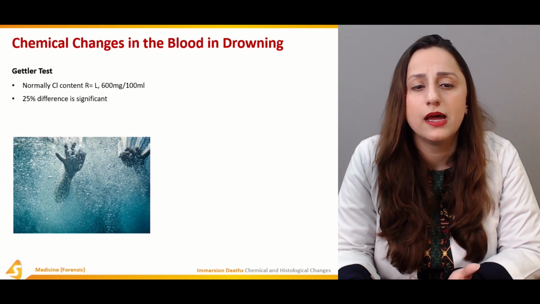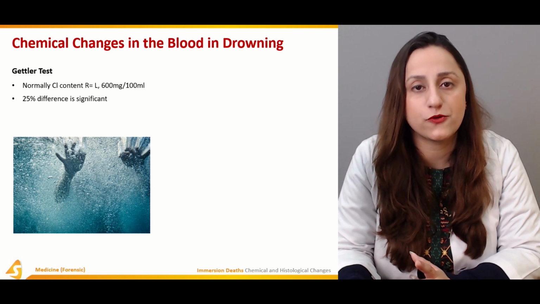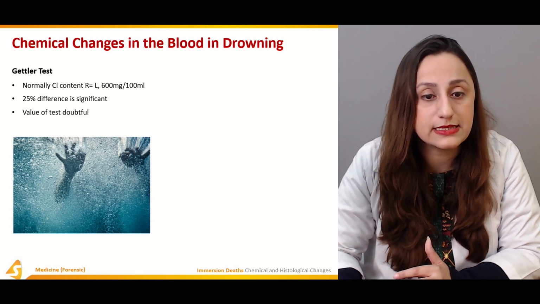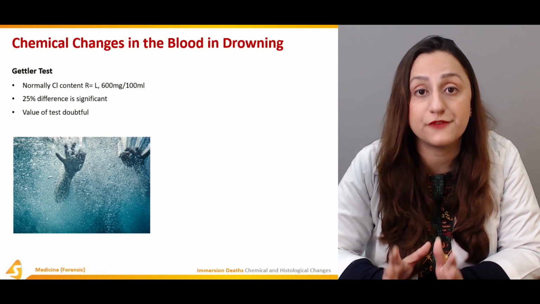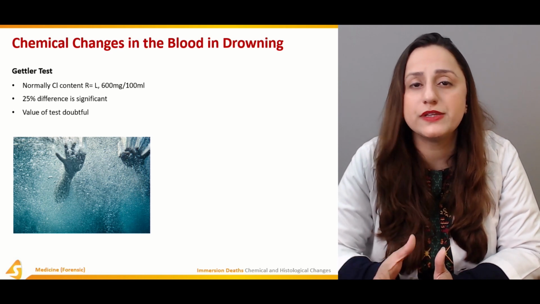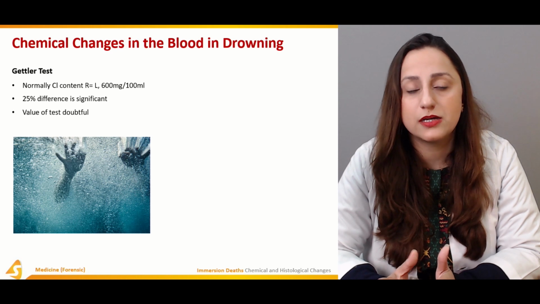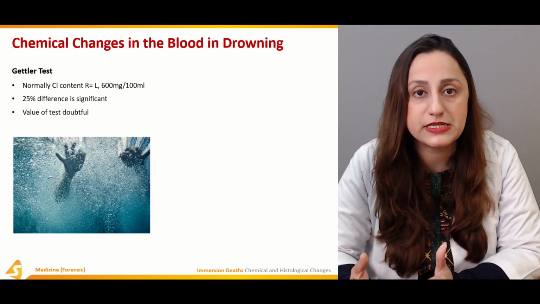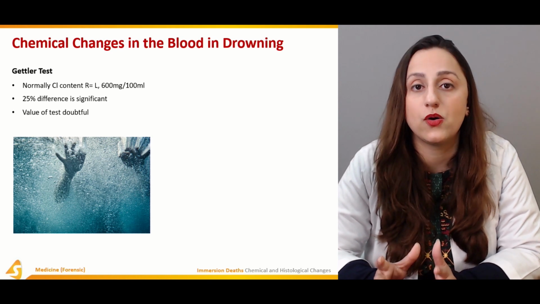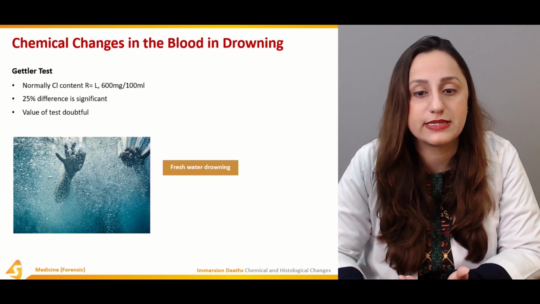A difference of almost 25% from the normal state is quite significant in such cases, and signifies that the death occurred due to drowning. The value of this test is quite doubtful, though, as there are also false positive results in Gettler's test, so we cannot totally rely on this test and its results.